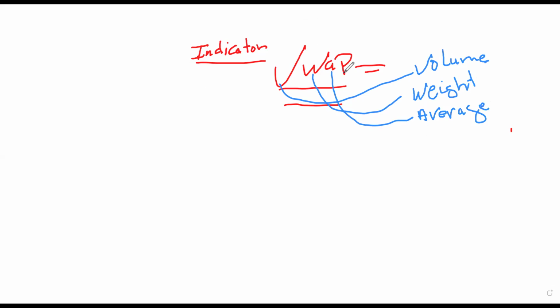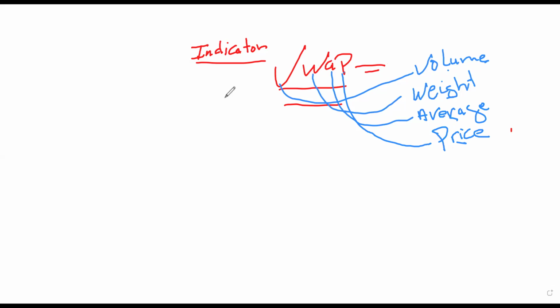And the P stands for price. So VWAP is volume weight average price. That's what it stands for, and it's a great indicator that you can use.